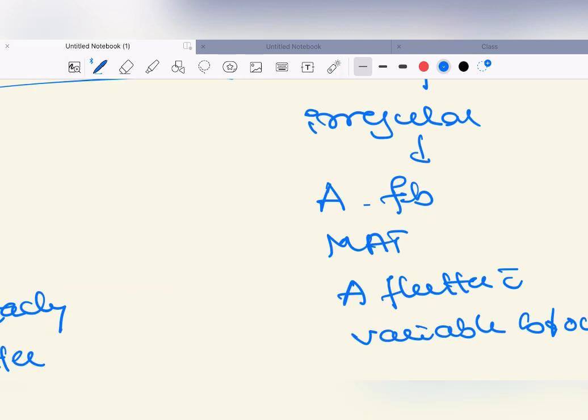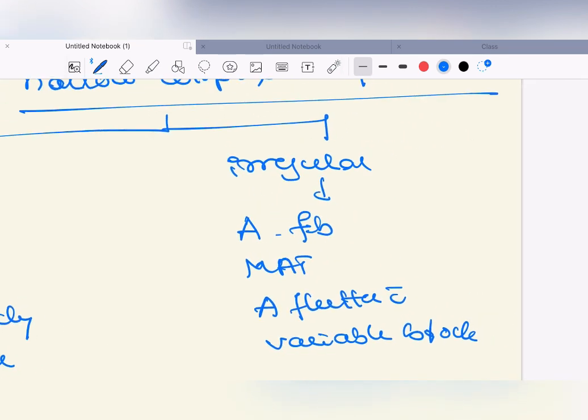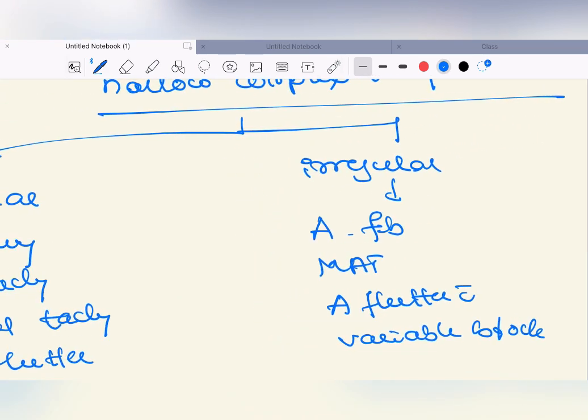If the rhythm is irregular, you are looking at maybe atrial fibrillation, multifocal atrial tachycardia, or atrial flutter with very variable block, which is very rare. So mainly atrial fibrillation and MAT. You have a narrow complex tachycardia but the rhythm is irregular, so atrial fibrillation and MAT are the two common differential diagnoses.